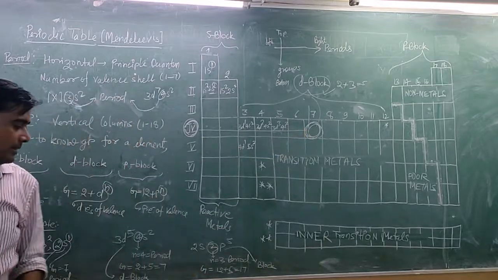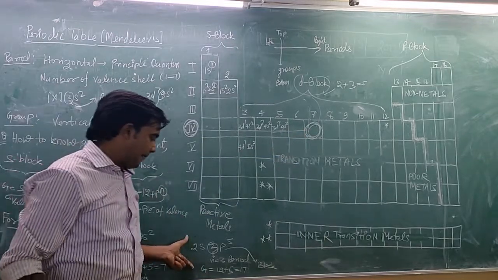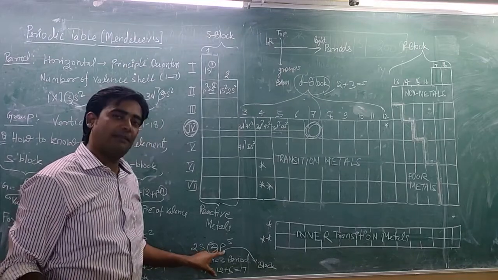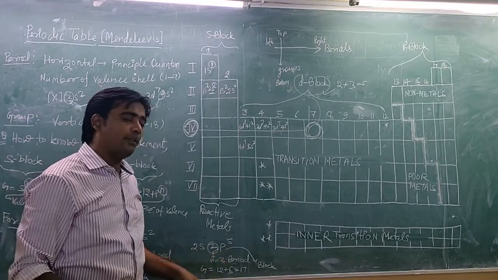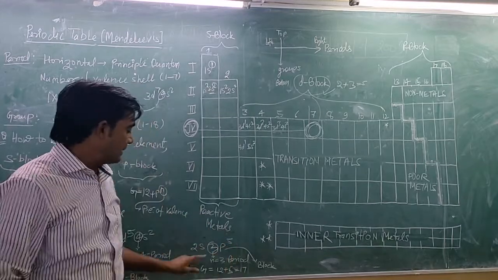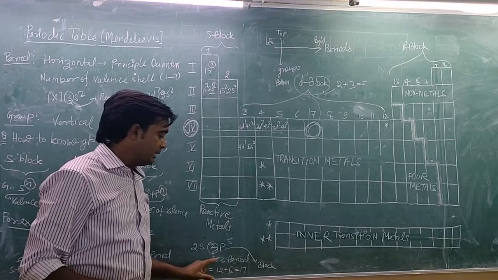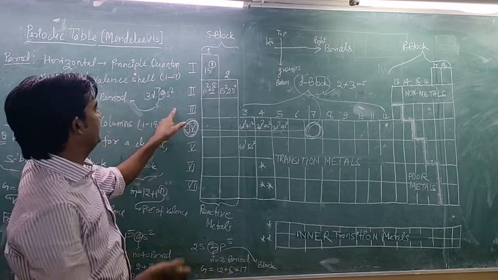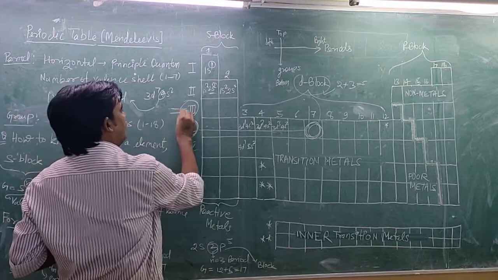Another example is like this. If you have the electronic configuration 2s2 3p5, first of all you need to define the principal quantum number in this configuration. The principal quantum number is 3, so it belongs to the third period.